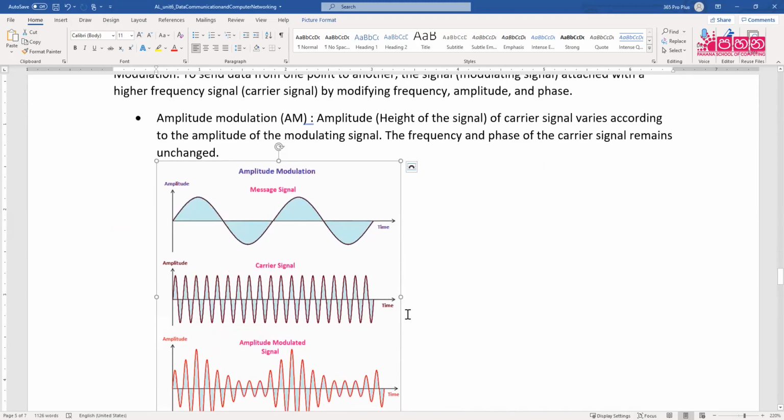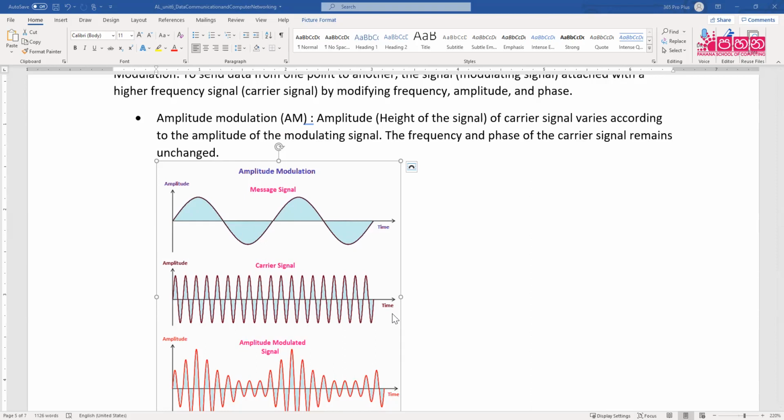In this one, I'm going to show the combination. This is the message signal, meaning our modulating signal, and it is low frequency. Low frequency means a small number of cycles per second. Let's say this is 1 second, so you have only 2 cycles. Here we have a higher frequency one.